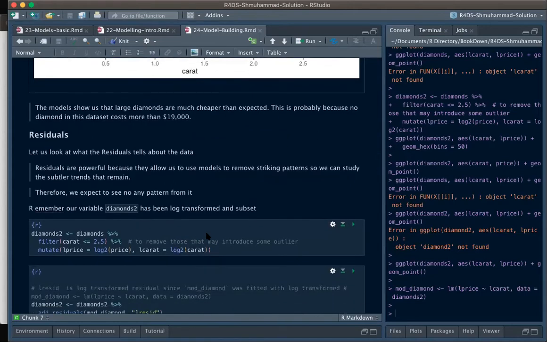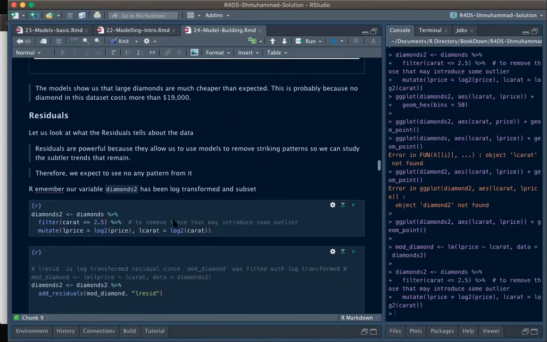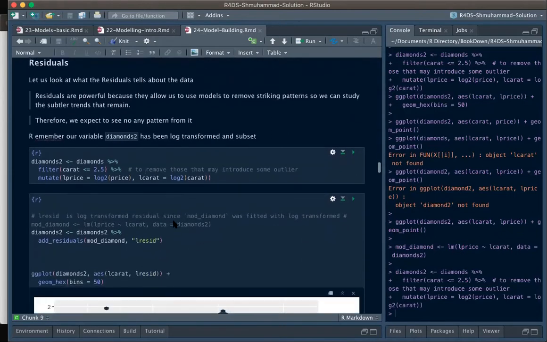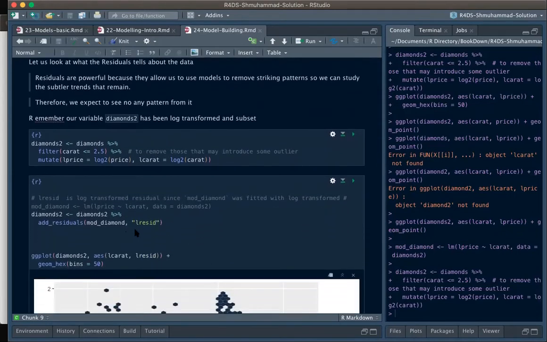Here we're going to use this diamond data set that we subset. Now we're going to add residuals. This is add residuals, as we know, and this is the model. We already fit this model, and we call it r4ds.